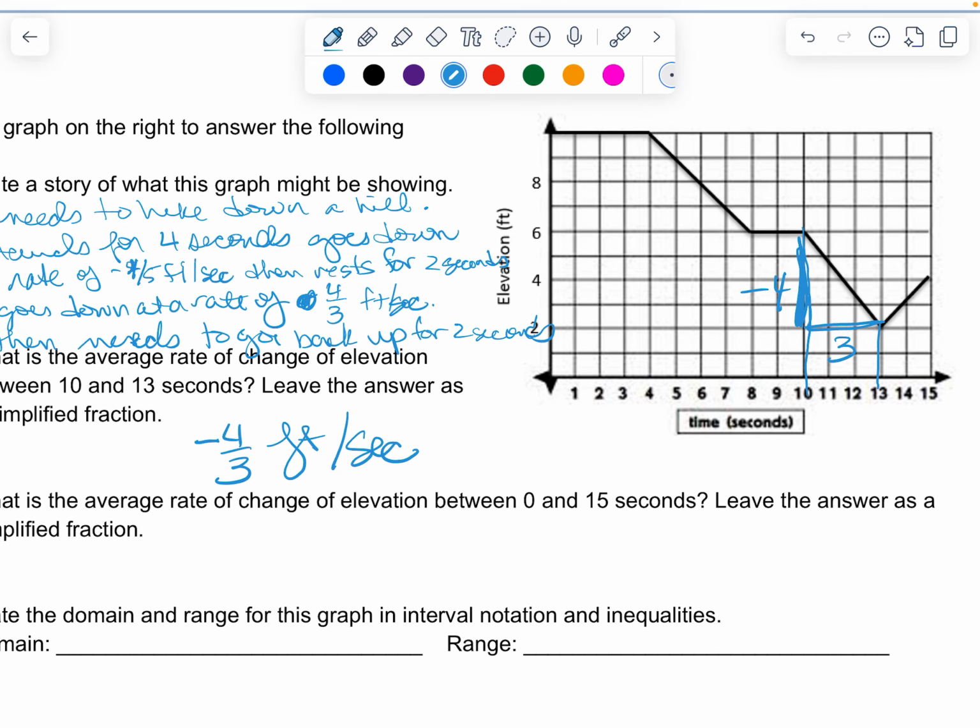So if I just did from here to here, what would it have been? So I'm going to draw my triangle. So 1, 2, 3, 4, 5, 6. So negative 6 over 15. So simplify that, negative 2 over 5 feet per second.